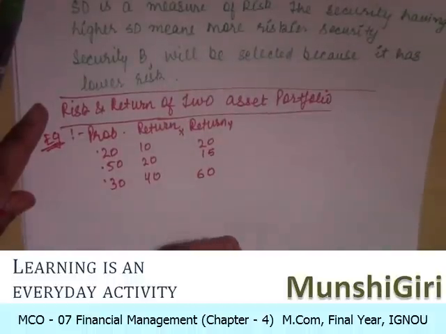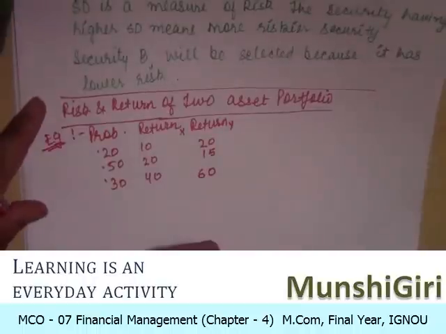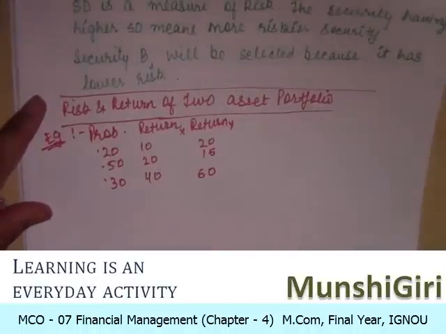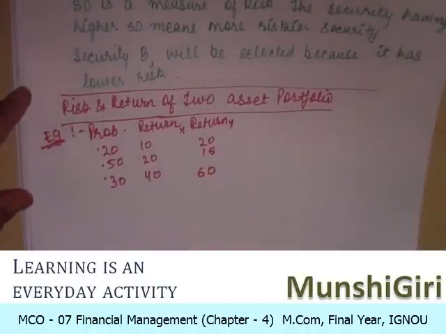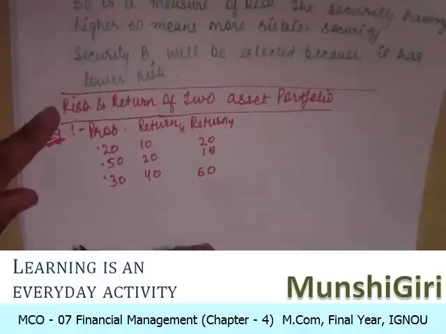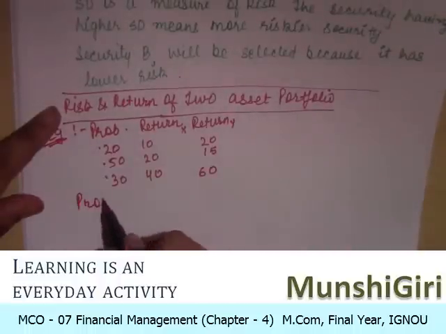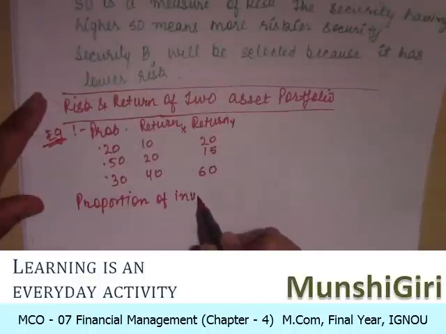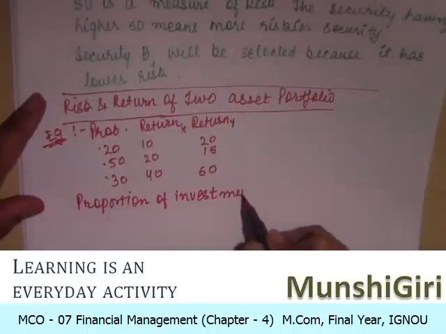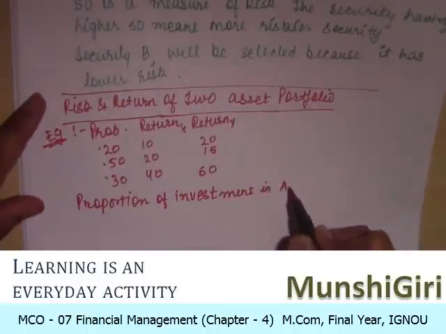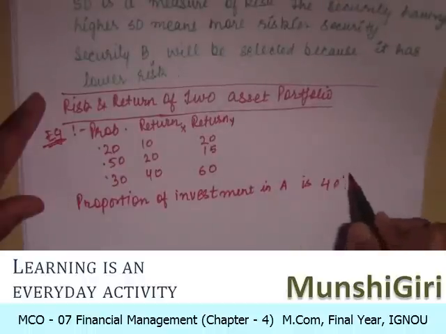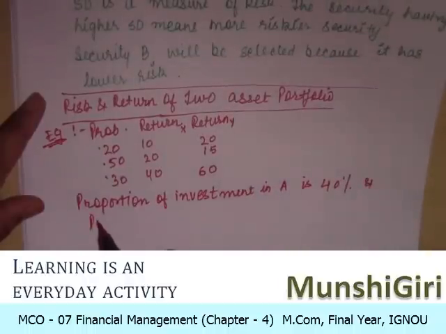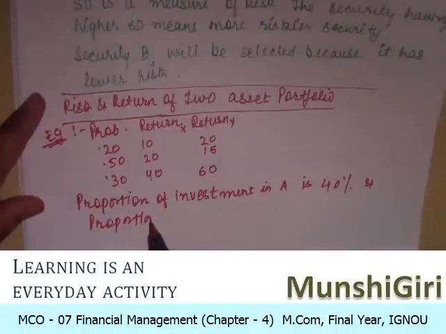The question says the proportion of investment in A is 40% and the proportion of investment in B is 60%.